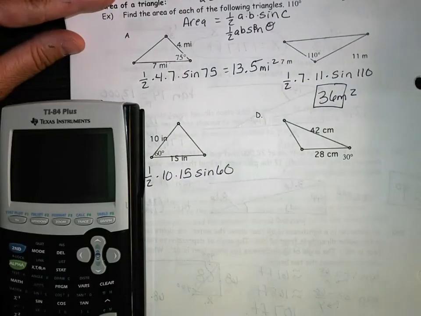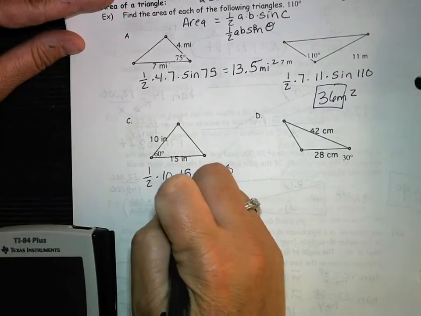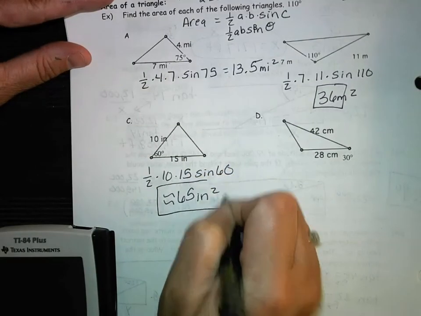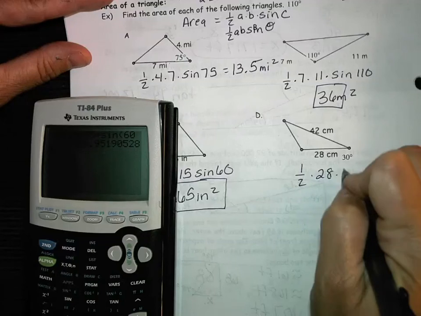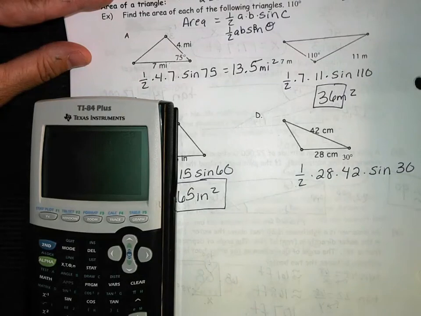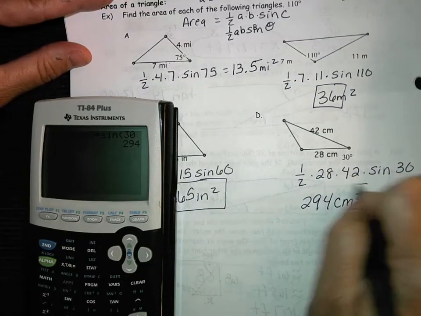So we have 0.5 times 10 times 15 times the sine of 60. That is right about 65 square inches. And the last one, 1/2 times 28 times 42 times the sine of 30. 0.5 times 28 times 42 times the sine of 30. And that is 294 centimeters squared.